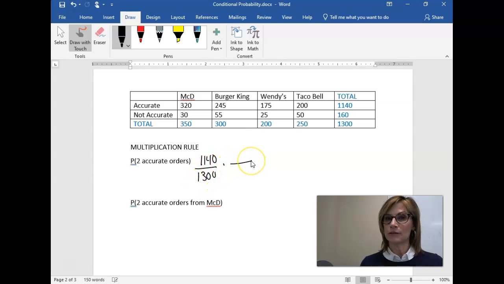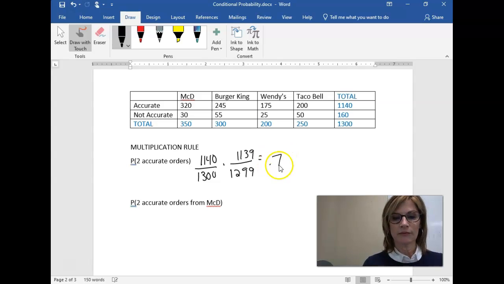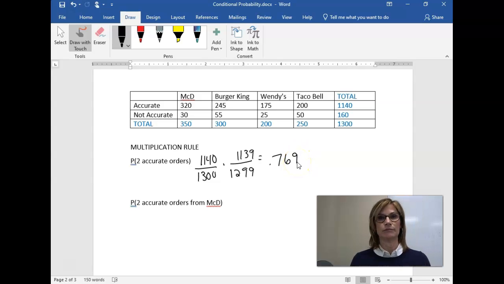And then we take one out. We only have 1,299 total orders, and of those we'll have 1,139 that are accurate. So we'll get 0.769.